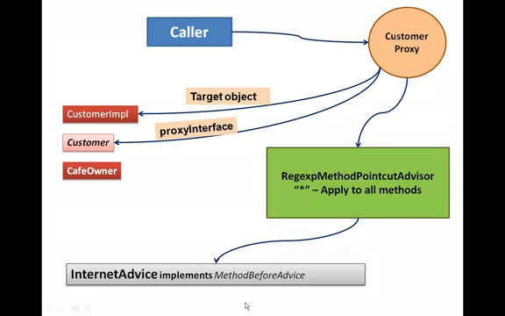Here the advice will be given by the InternetAdvice, which in turn is a kind of MethodBeforeAdvice. So whenever the browse method is going to get invoked, the InternetAdvice before method will get executed, from which we are actually calling the KFOwner's login time method.